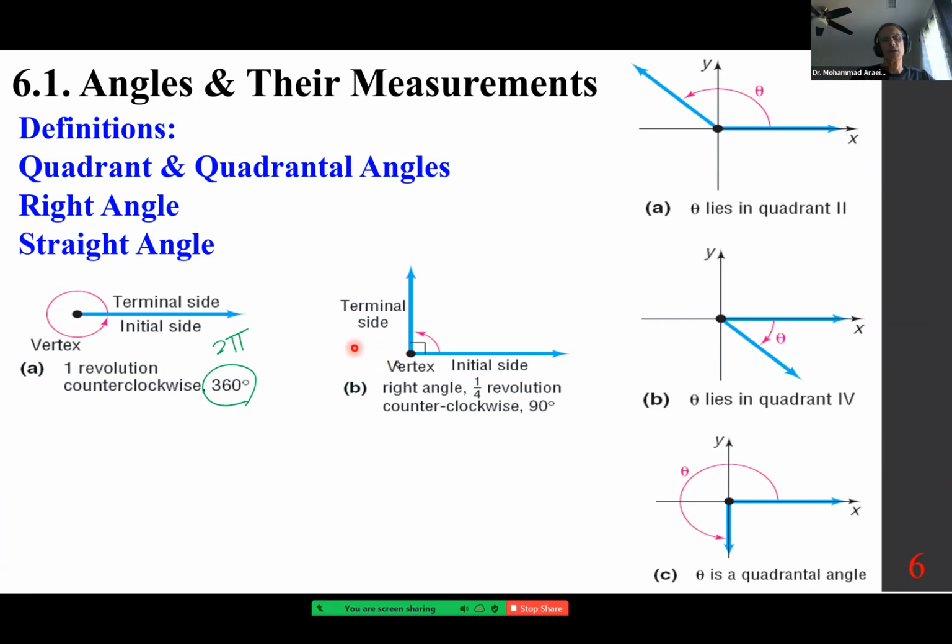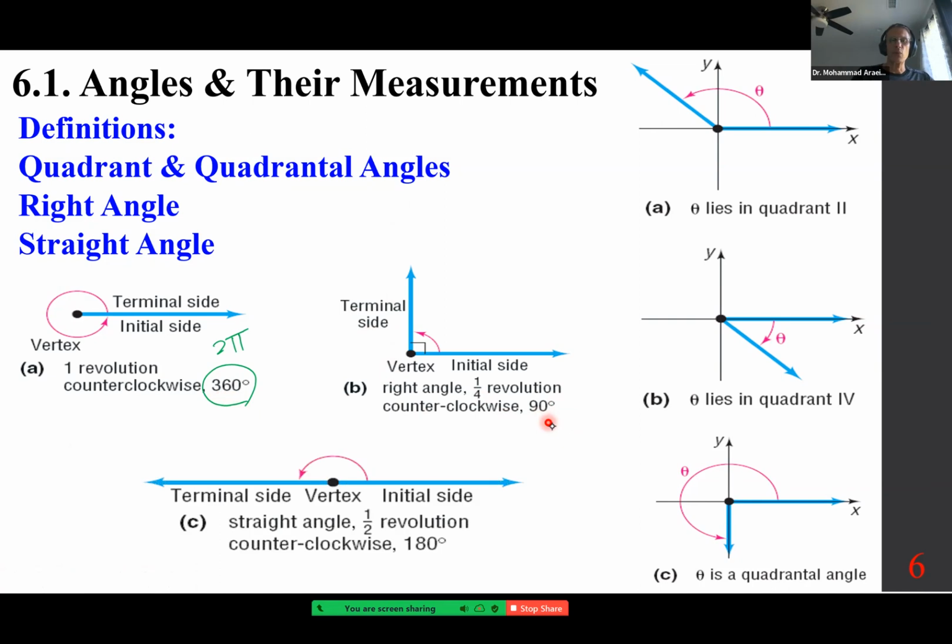We have a terminal side along, you can think of it as the y-axis, that gives you the right angle, which is 1/4 of a revolution or 90 degrees, or 1/4 of 360 degrees. If we are looking at this angle, making 180 degrees or pi, the initial side is along the positive side of the x-axis, the terminal side is along the negative side of the x-axis, and the vertex is right here.